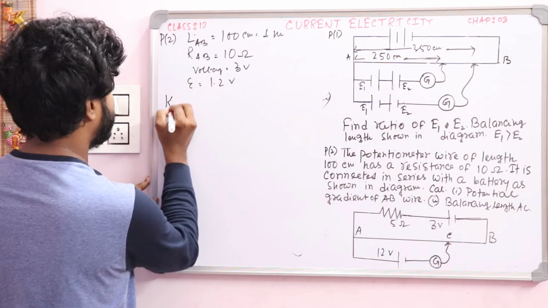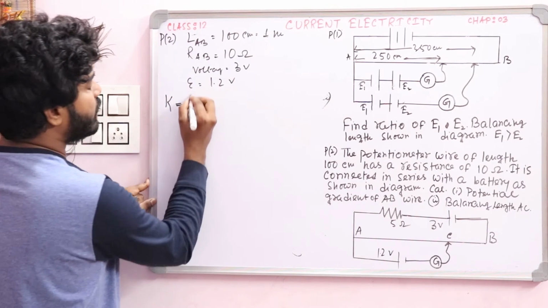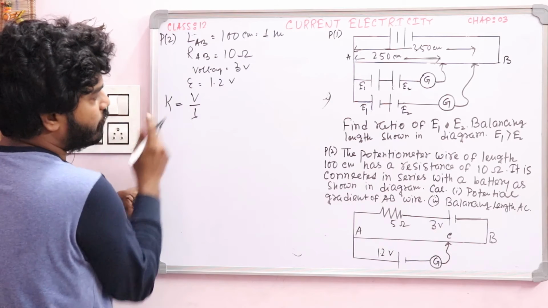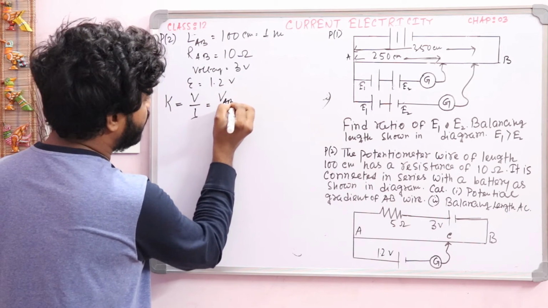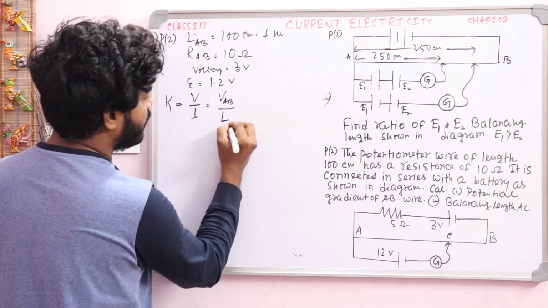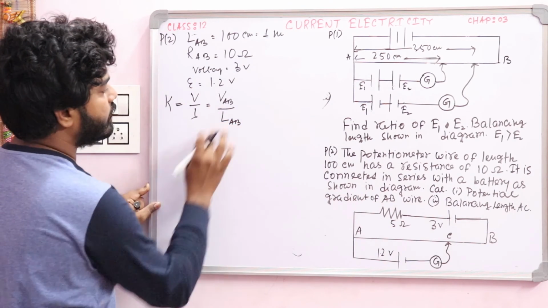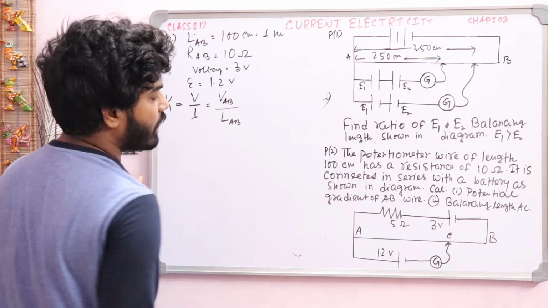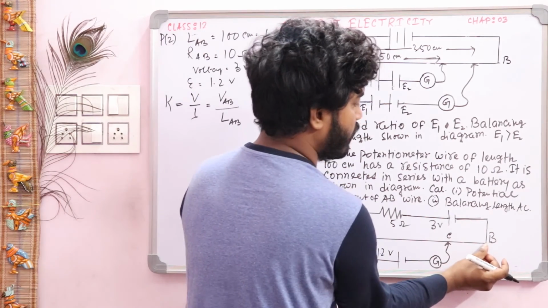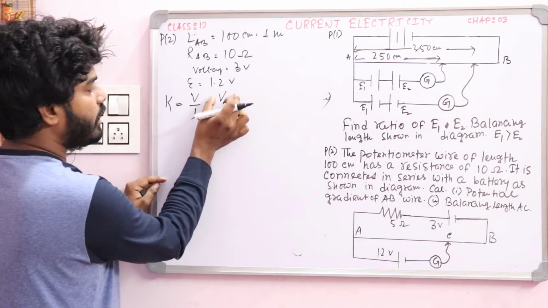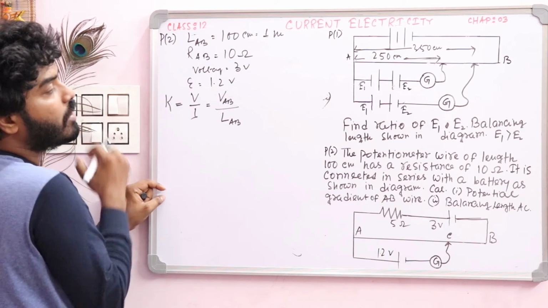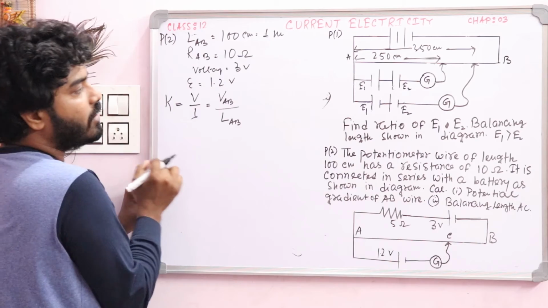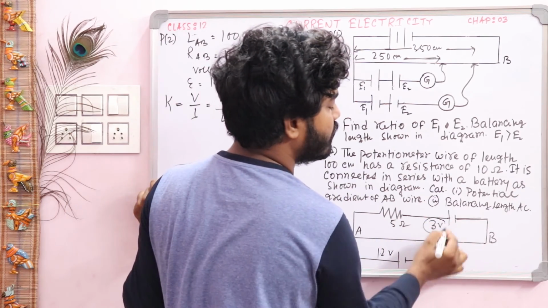So in our first case, we have to find out K, that means V by L, voltage divided by length. Here V means VAB, divided by length LAB. We have to find out the potential gradient for this wire. So obviously this one will be VAB divided by LAB. Now see, LAB is given, you have to find out the value of VAB.